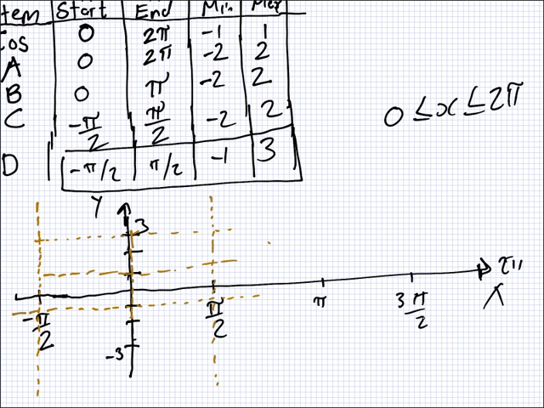A little harder to do with a pencil, but it's the same idea. How wide is this box? How many units wide? Pi units. So if I was to draw it, it would go all the way to here, wouldn't it? And the middle, where would the middle be?